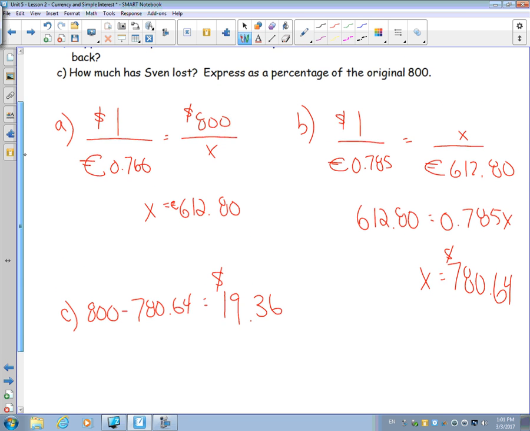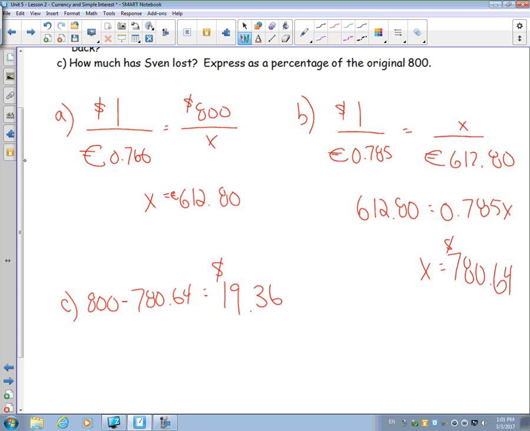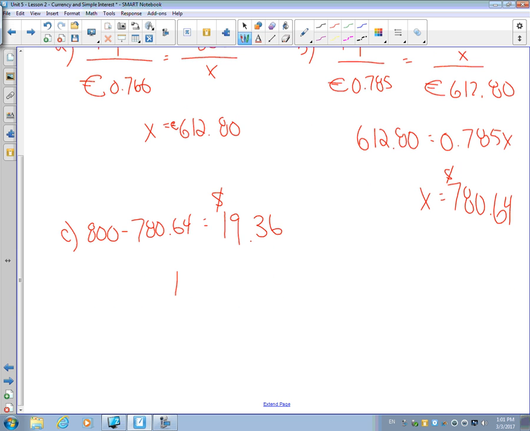And the second part of that says expressed as a percentage of the original 800. So if I take 19.36 and I divide it by 800, I get 0.0242, or in other words, 2.42%.